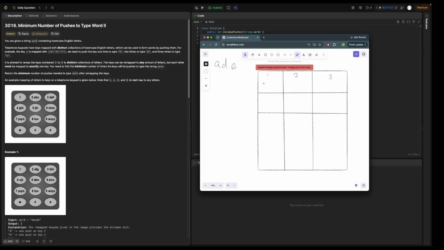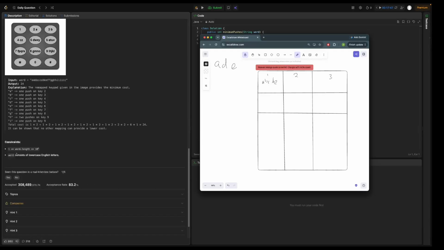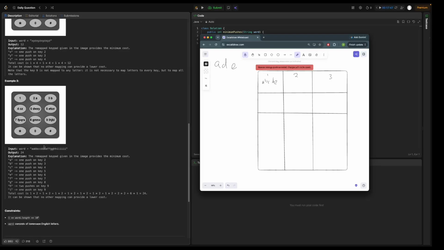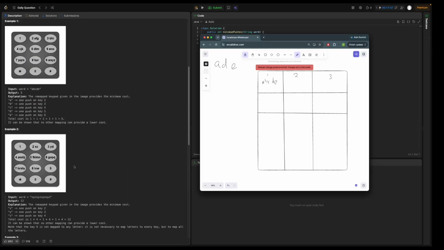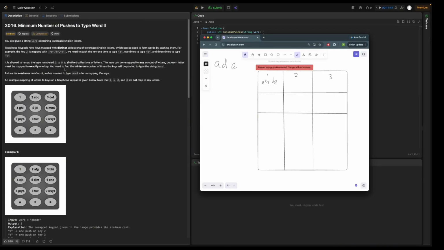It's a possibility we keep A, B, C, D, and E here, right? But then what would happen is 2 is mapped. Oh, we can't have anything at 1, can we? Let me see. Is 1 a thing? So I see 1 is always empty. Oh, okay, so keys are from 2 to 9. So we can't. So let's say we had A, B, C, D, and E here.